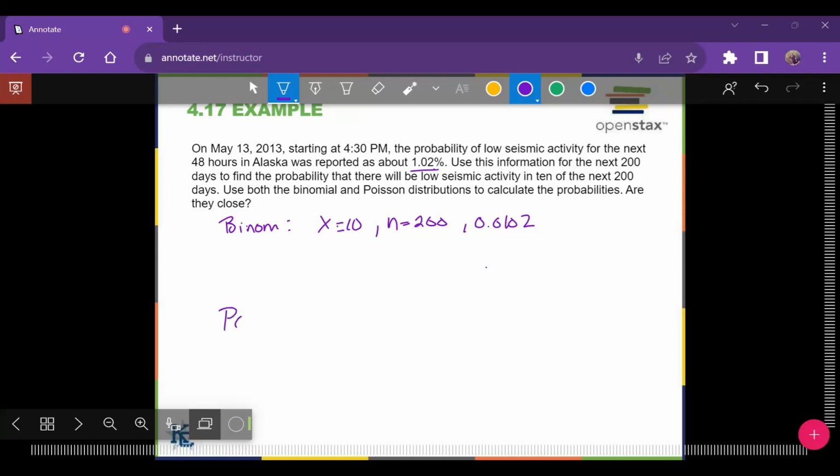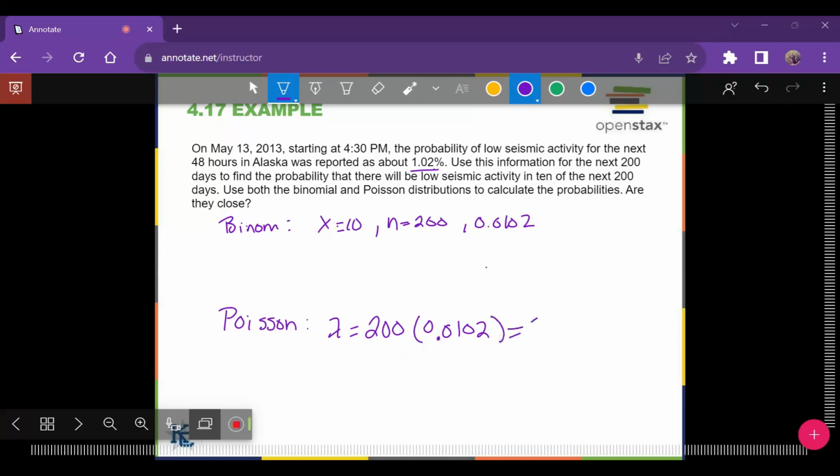When we do the Poisson, though, we need to remember that it's a little different than binomial because it's over a period of time. So we need to think about what the mean is that we're going to use. Our lambda in this case is going to be, for 200 days, with probability 0.0102, approximately 2.04 times for that entire time period.